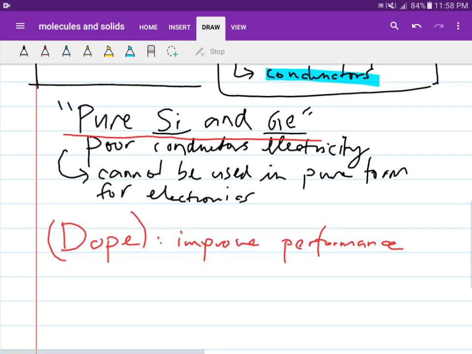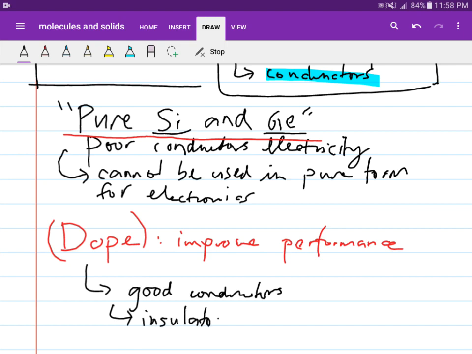By doping group 4 elements, you are improving their performance such that they can be treated as good conductors, and at the same time they are also insulators. It's like you traded off something good in both worlds. Nevertheless, they are still semiconductors.